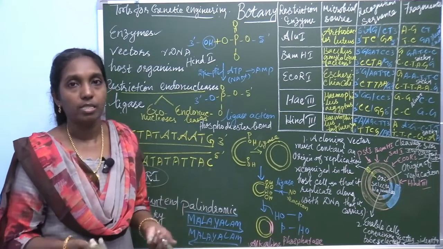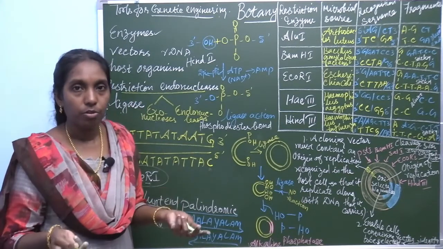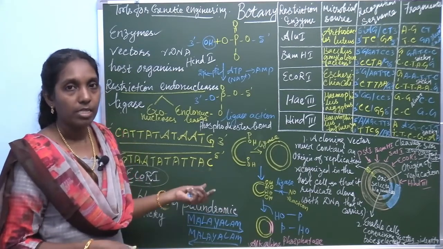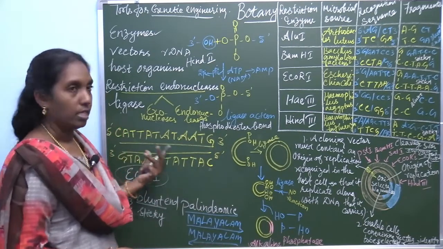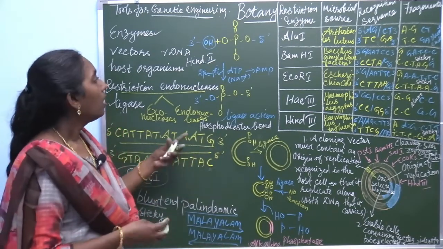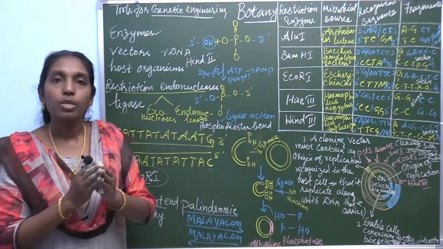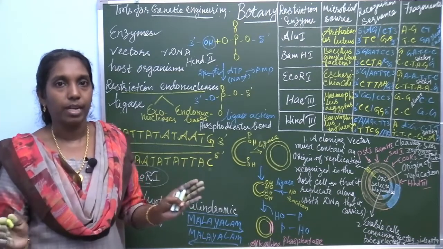Restriction endonucleases, there are three enzymes involved. First one is restriction endonucleases. There are some classifications based on this and different types are used for this. This is used to cleave, to cut the DNA fragments.